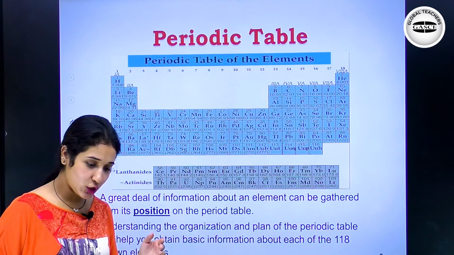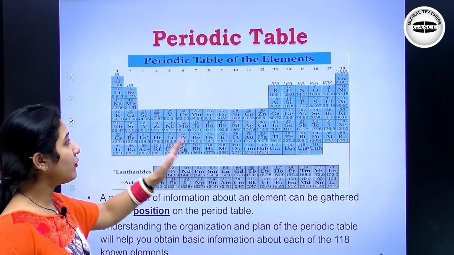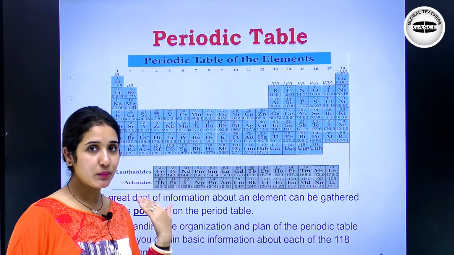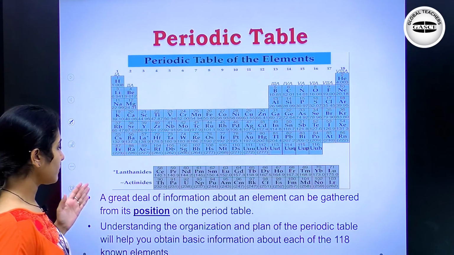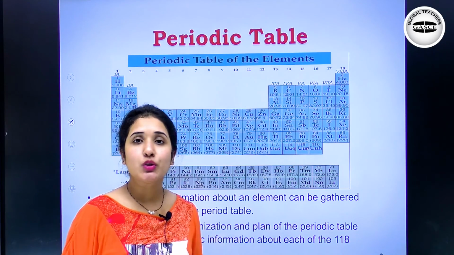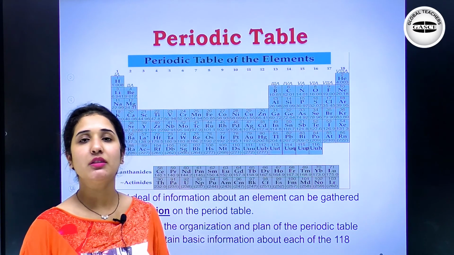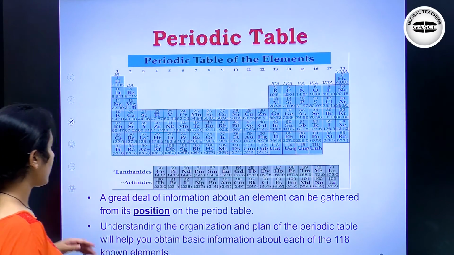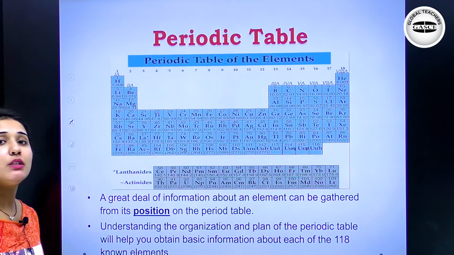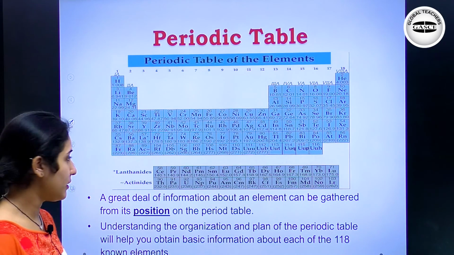The elements which show similar properties have been classified together in different rows and columns, which are known as periods and groups respectively, and those which do not show the same properties have been kept in different groups and periods. So with the help of the periodic table, we are able to distinguish different positions of elements.